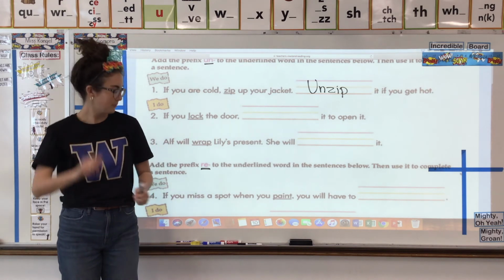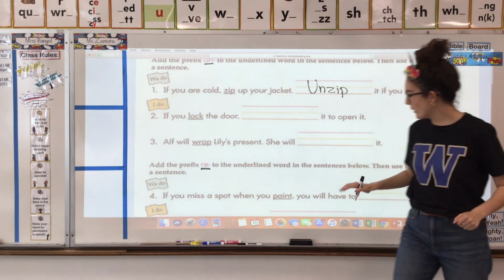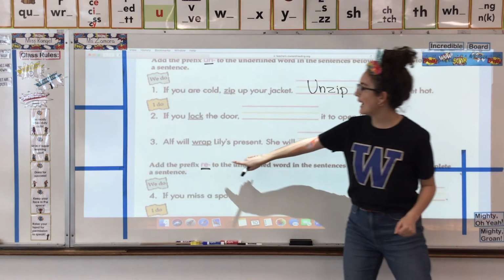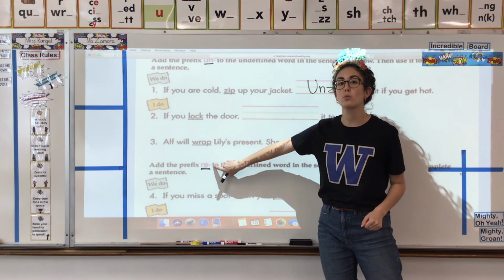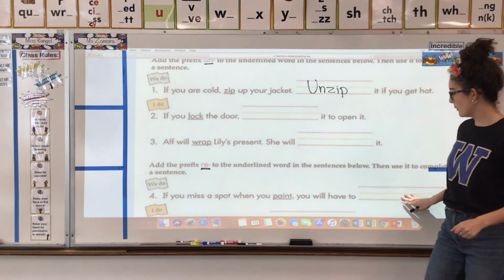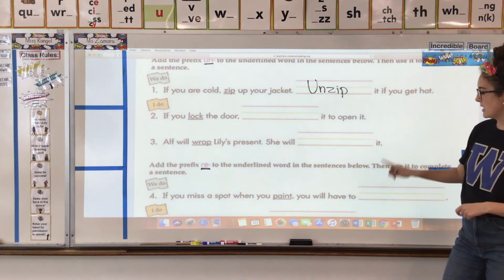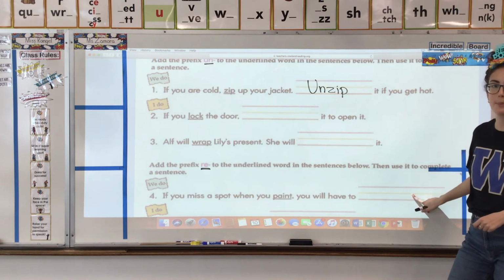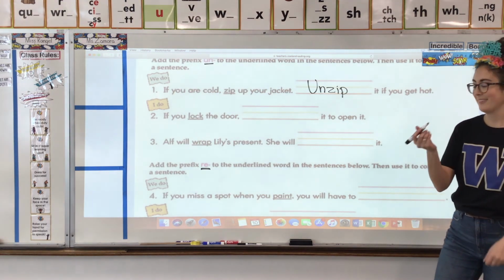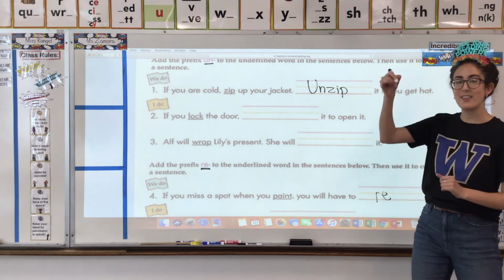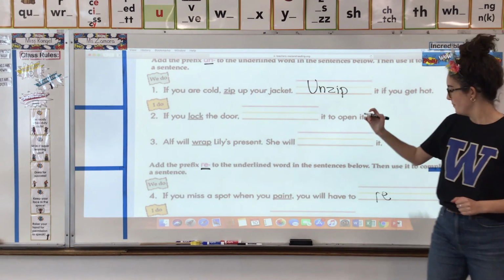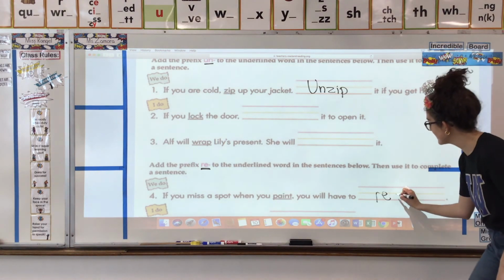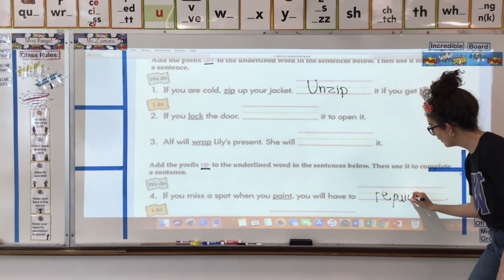Good job. So, if we're all the way over here and we want to add the prefix re, what are we going to write first? Do we need to write the prefix or the verb? The prefix. That always comes first. So you've written your prefix and then the verb.